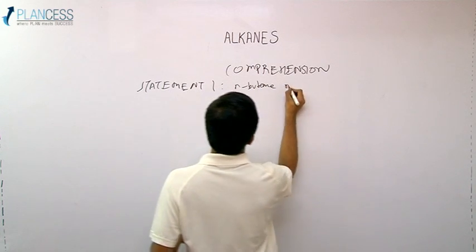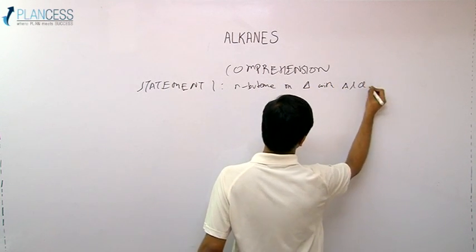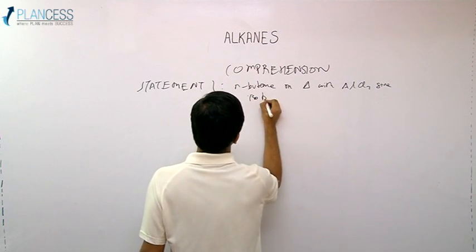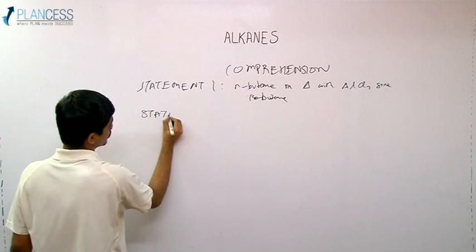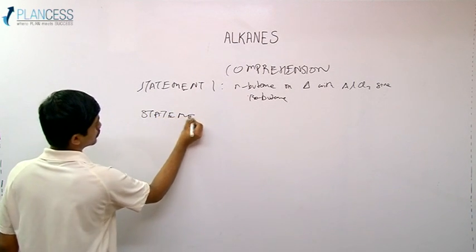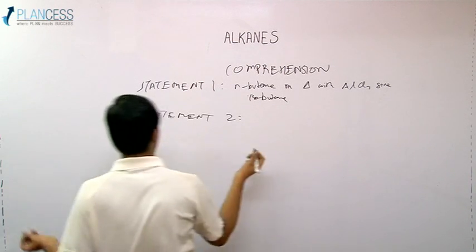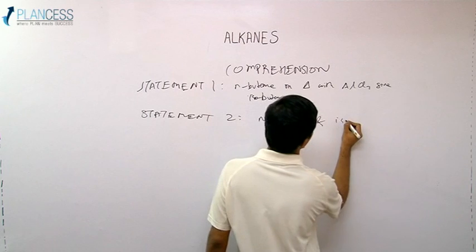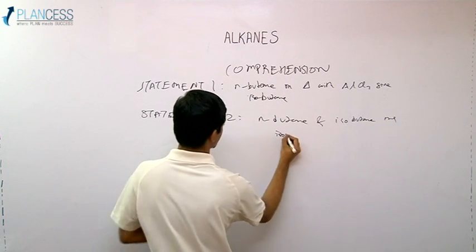Statement 2 says that N-butane and isobutane are isomers.